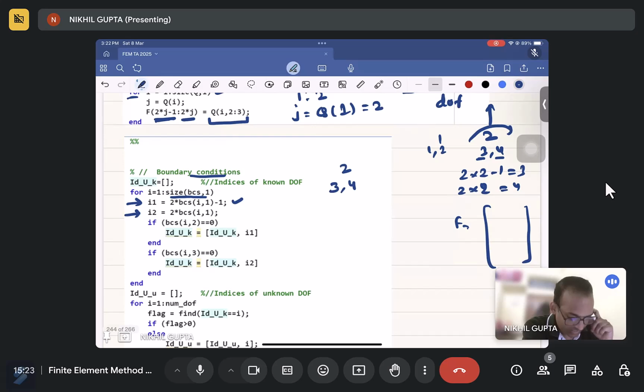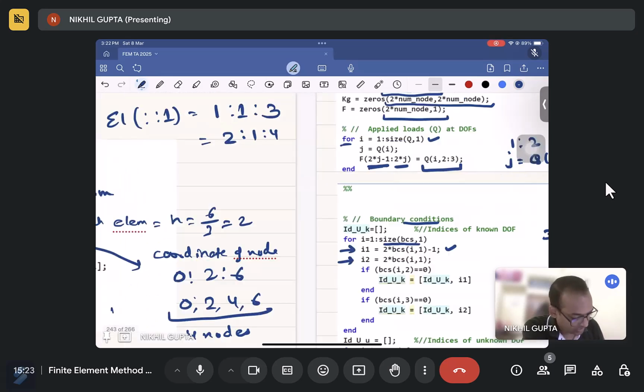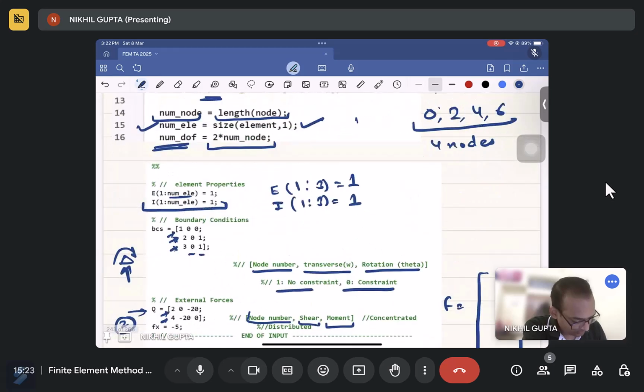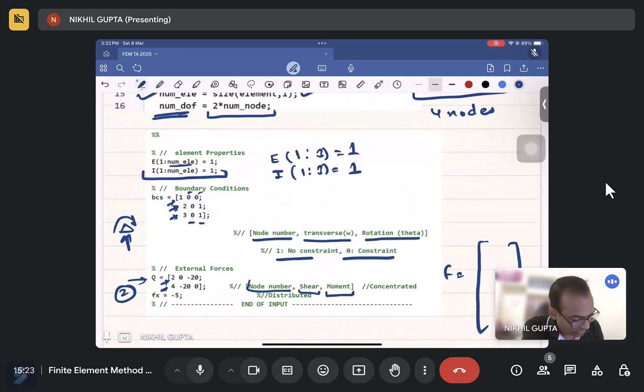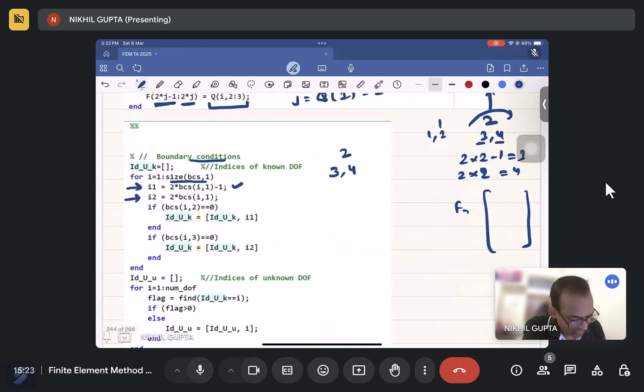Now what we have to check is whether that boundary condition is equal to 0. This means if this boundary condition is 0, it is constrained, and then we can directly say that this index is known. So it will go into iduk, meaning displacement which is known.